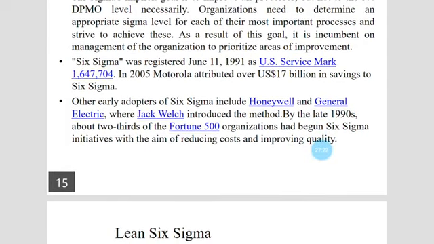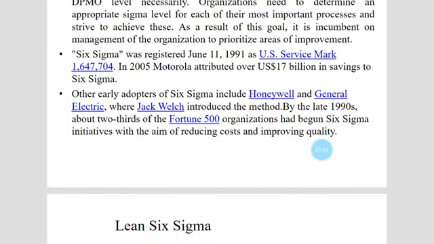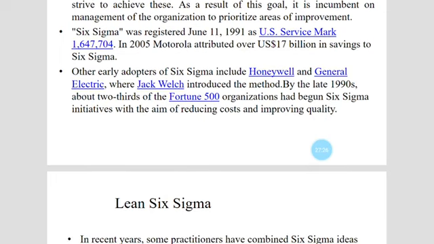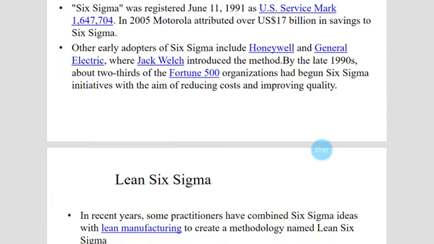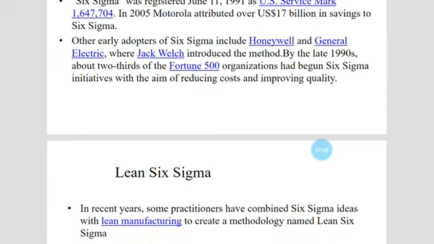Other early adopters of Six Sigma included Honeywell and General Electric, where Jack Welch introduced the method by the late 1990s. About two-thirds of the Fortune 500 organizations have begun Six Sigma initiatives with the aim of reducing cost and improving quality.